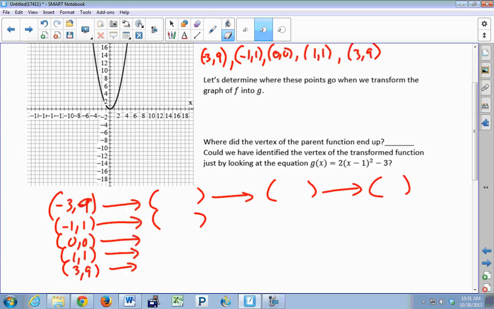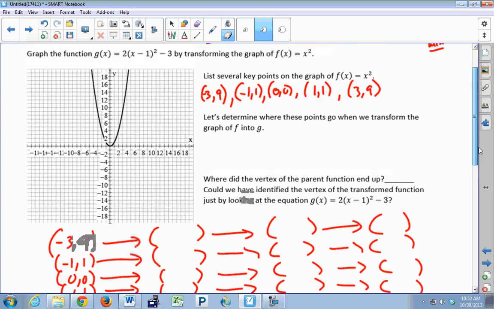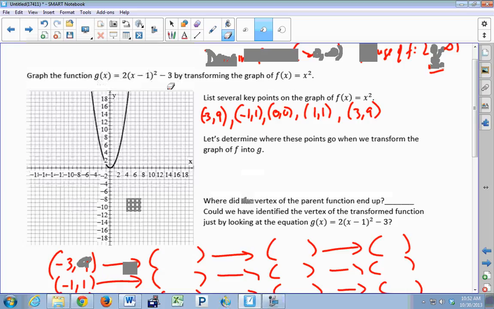So let's see what those 3 transformations are in the order that we're going to perform them. And hopefully these 5 points will allow us to get a nice quick sketch of the quadratic. Okay. So if you look at the equation for the function, and it says 2 times quantity x minus 1 squared take away 3, what's the first transformation we're going to do here? What's the first transformation?